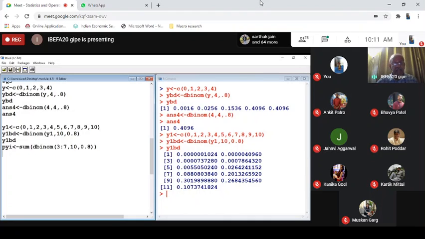The second case is greater than 8. Greater than 8 means 9 to 10. Sum of D binom, bracket 9 to 10 and 0.8.